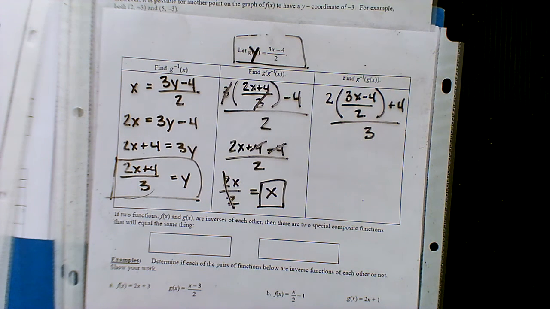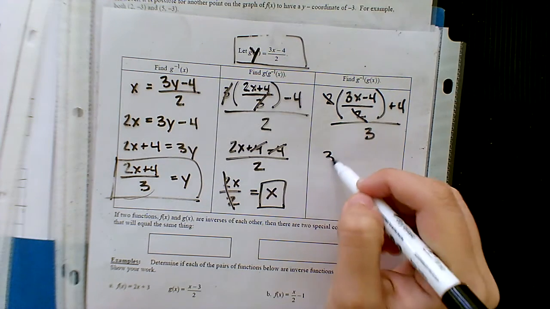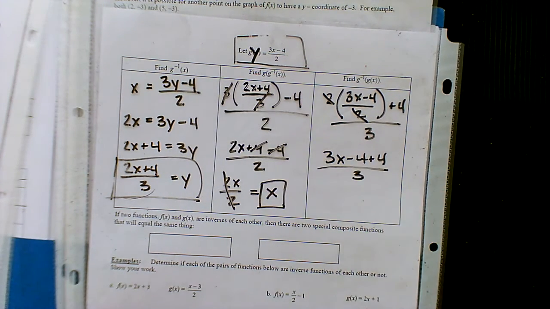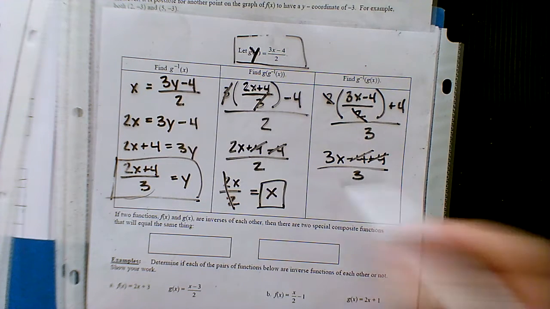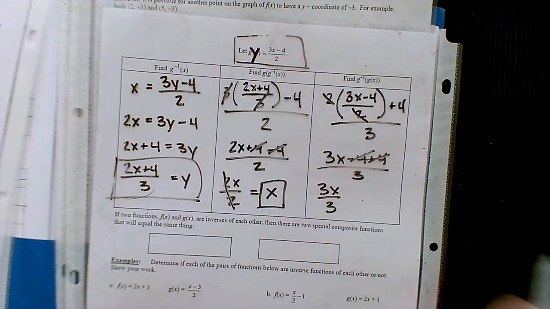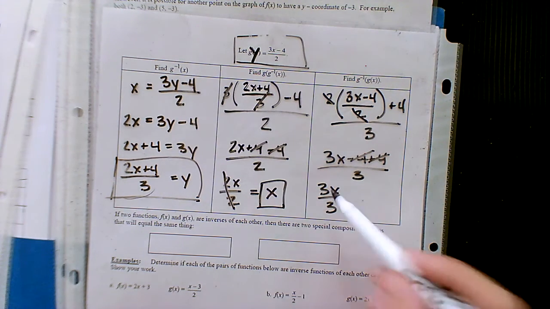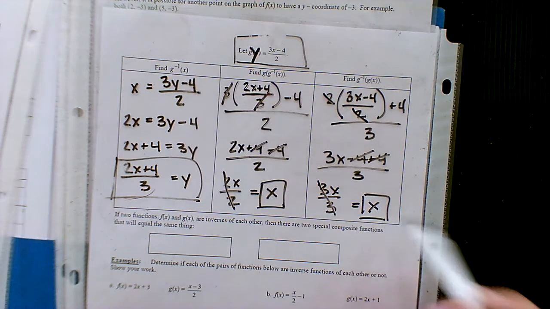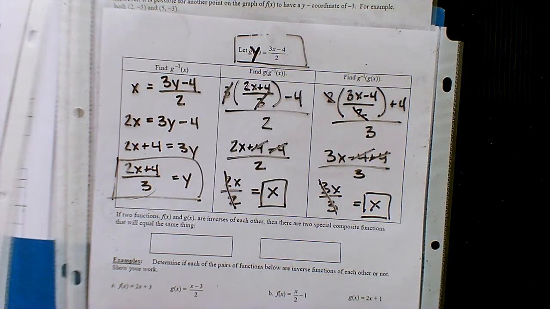What's going to happen if we simplify? What do you see, Eli? 2's cancel. 4's cancel. 3's cancel. We're just left with x.